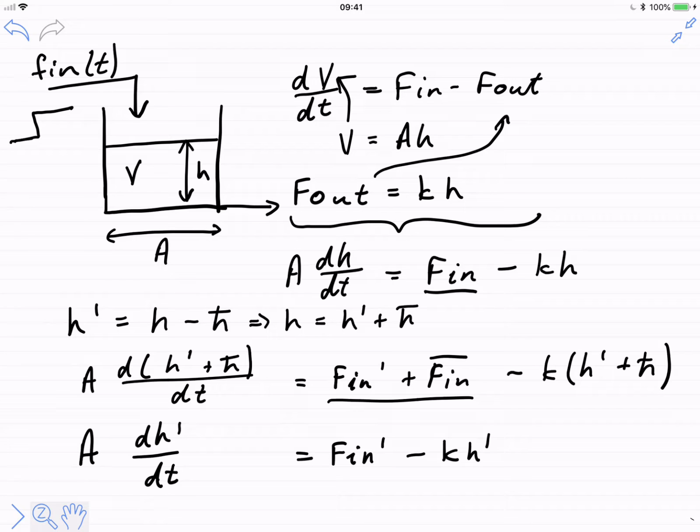And I want you to realize that the part that I've written down now is exactly the same as the original equation in form. The difference is that there's this extra bit, right? So there's f in bar minus k h bar. There's that term. That's the difference between these terms, right?